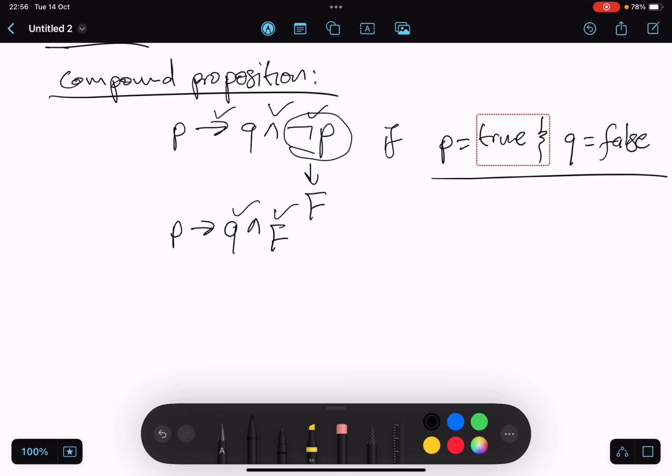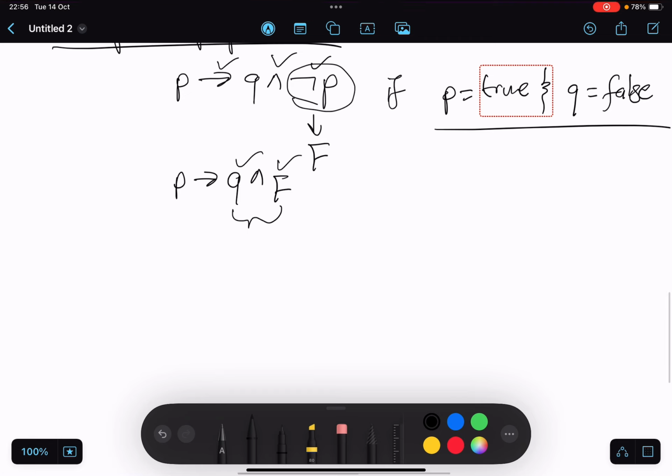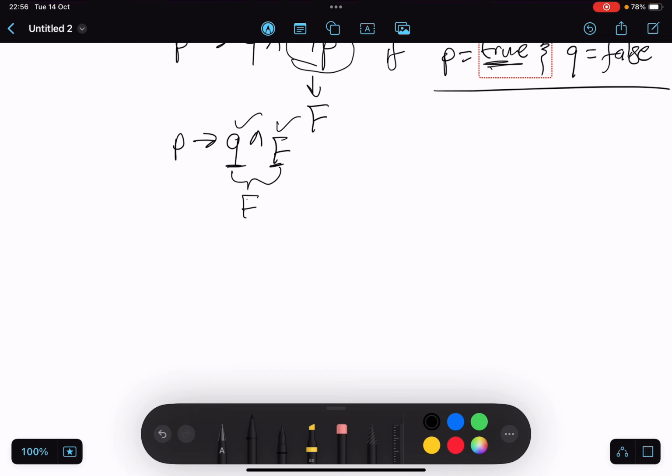So this entire statement is going to be false.